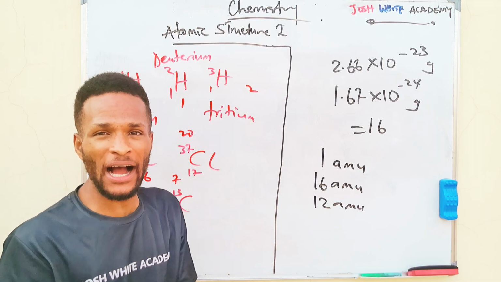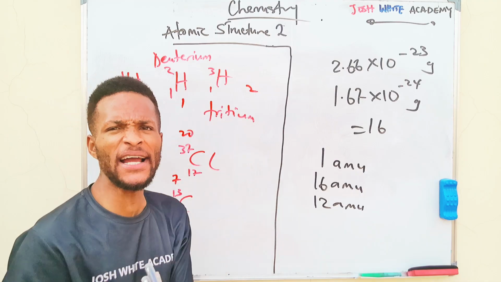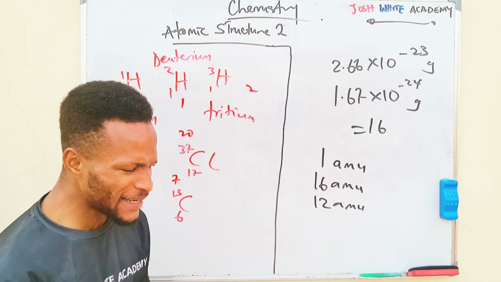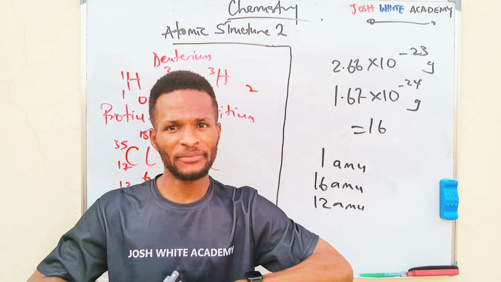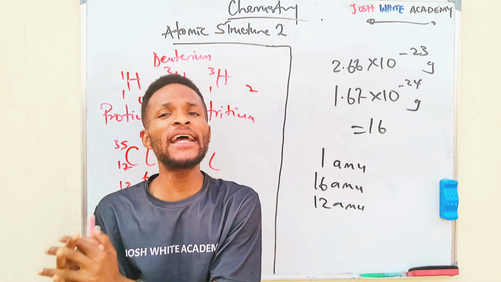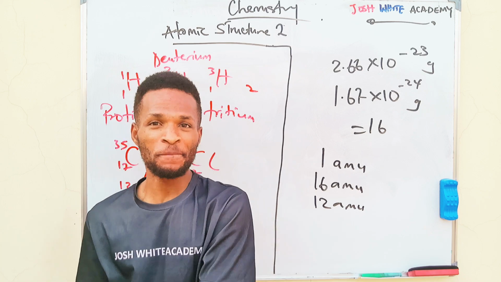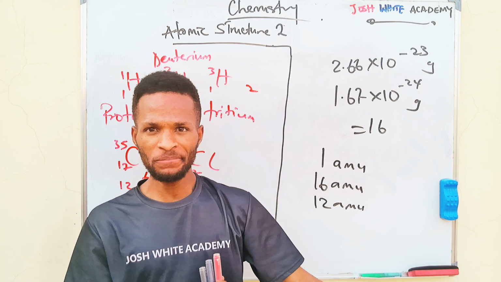The mass spectrometer gives the accurate measurement of atoms. But in recent times, scientists now use a reference point of carbon, no more hydrogen.